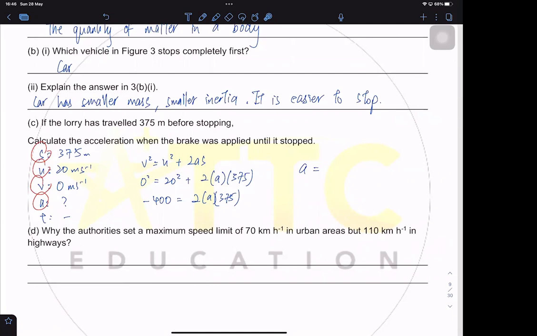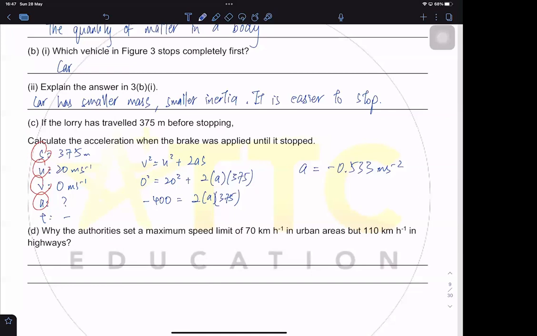Negative 0.533. Negative is very important. Is the negative correct or not? Yes, it's correct. It's supposed to be negative because A is acceleration, speeding up. So now we are slowing down. You need to have negative acceleration, which is deceleration, slowing down. So negative 0.533 is the acceleration.